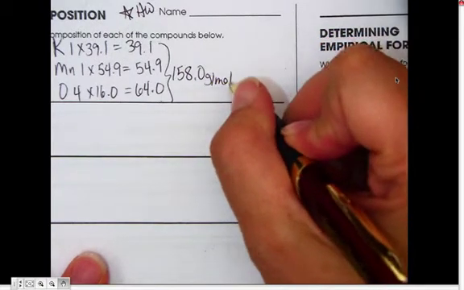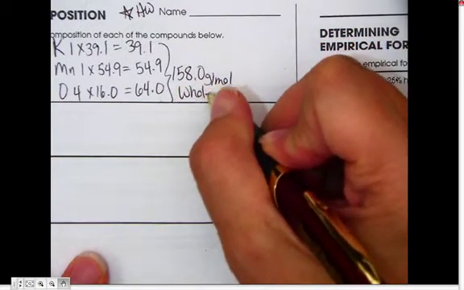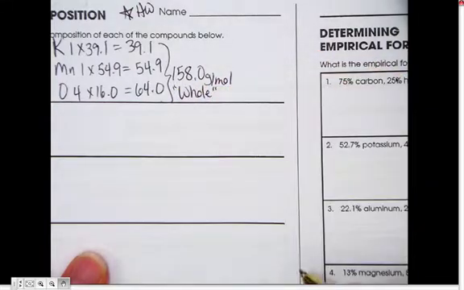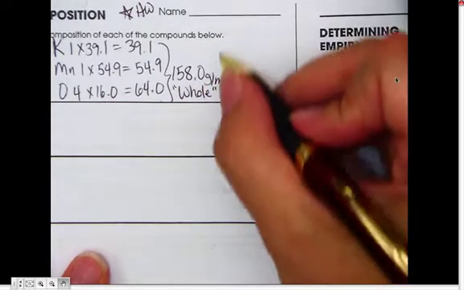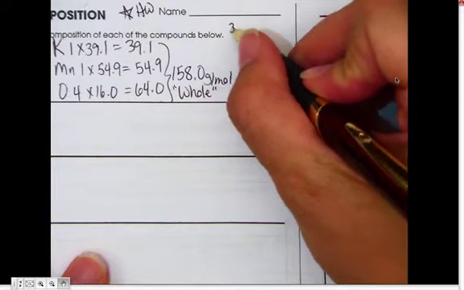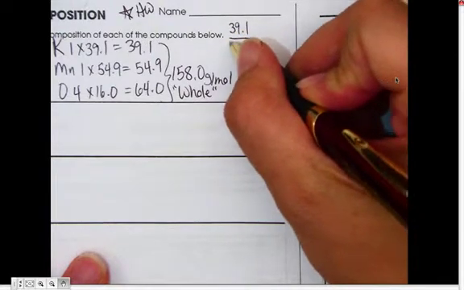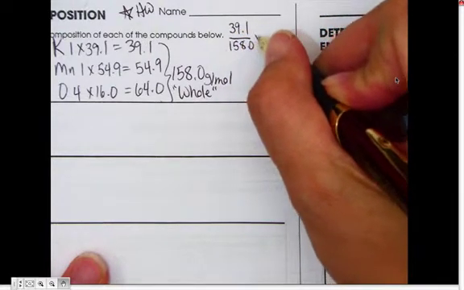That's the molar mass. That's what we use for the whole. And to get the parts, we're going to do for potassium 39.1 divided by 158 times 100.